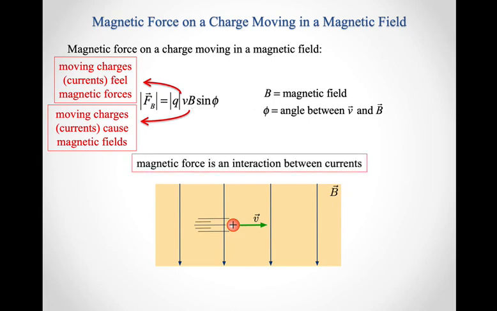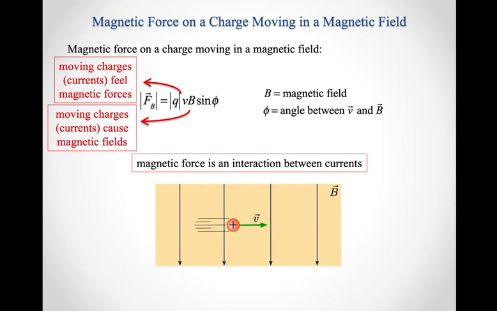So this simply confirms what we said before, which is that the magnetic force is an interaction between currents. It's just in this case we're choosing to let one of those currents simply be a single moving charge. That's the magnitude of the magnetic force that acts on my moving charge.